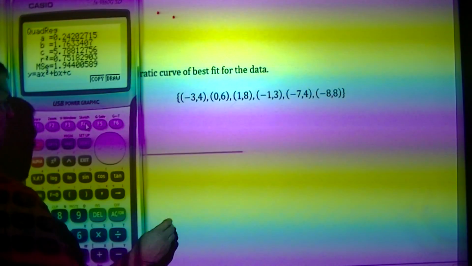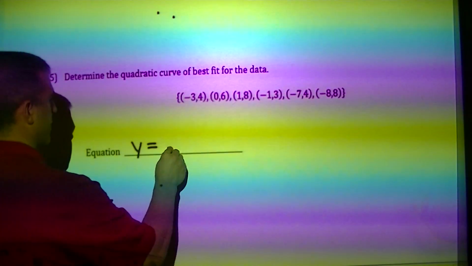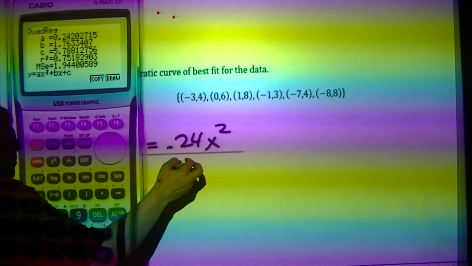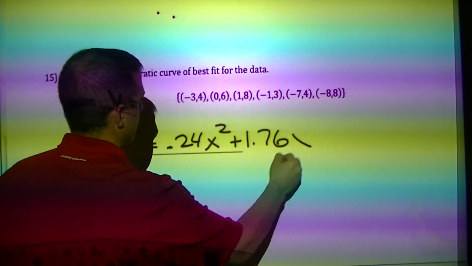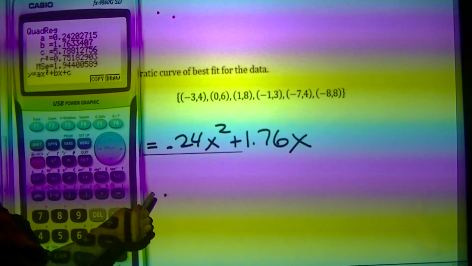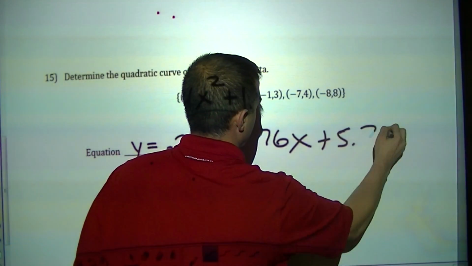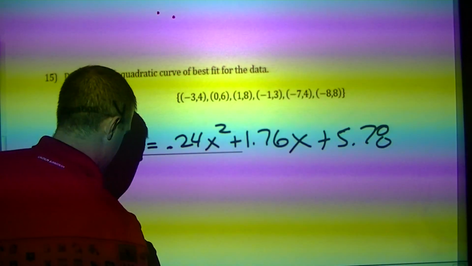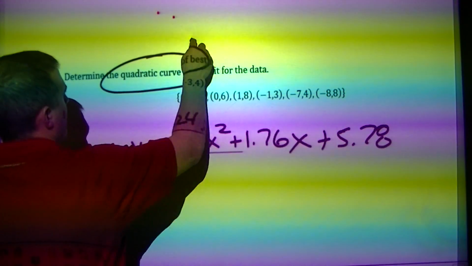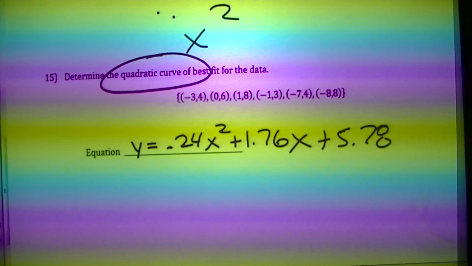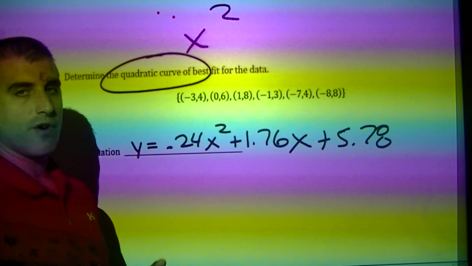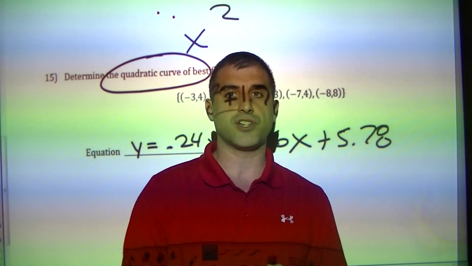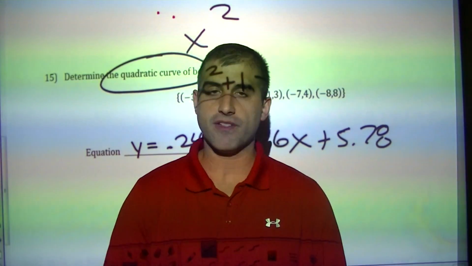Here's my answer: y equals 0.24x squared plus 1.76x plus 5.78. If they tell you quadratic, you automatically select an x squared. So go over those two things. There will probably be a C part for you to work on, but that should give you a good idea of what you need for that section.